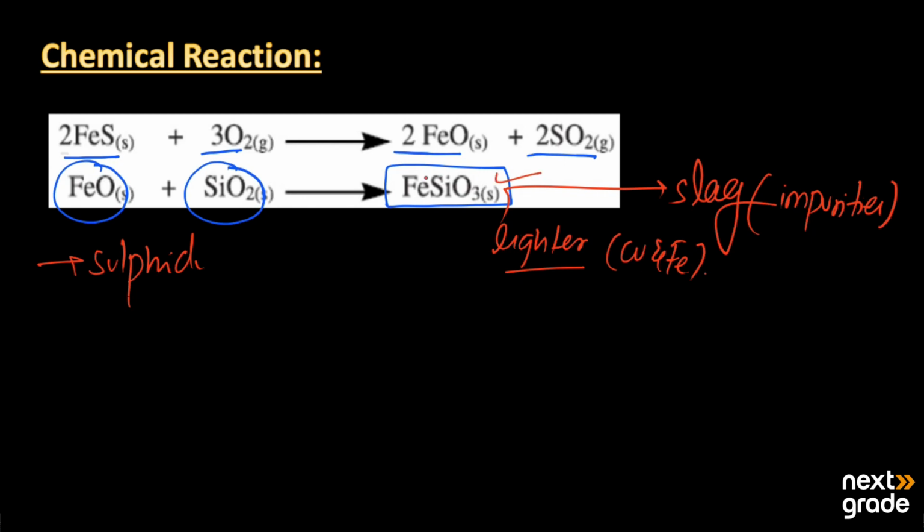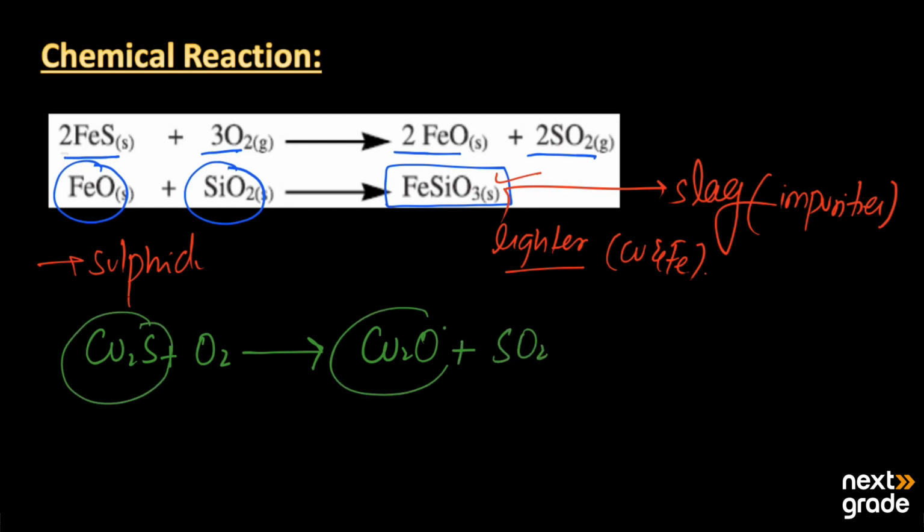After this process, the cuprous sulfide reacts with oxygen and is converted into cuprous oxide plus sulfur dioxide. So the sulfide of copper is converted into its respective oxide.